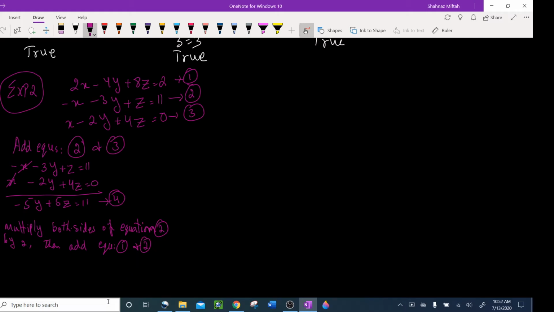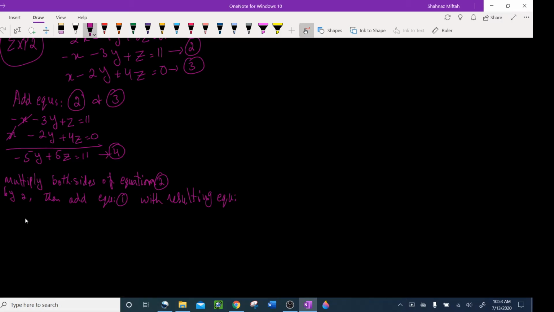Okay, so we are not going to say add equation 1 and 5. Why did I say 5? Because this is 4, so the next equation I'm going to get, we can say it's 5, or let's not do that either. Add equation 1 with the resulting equation, whatever we get from there. Okay, so let's go.